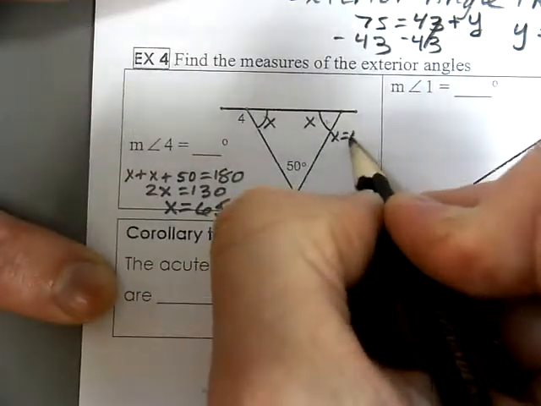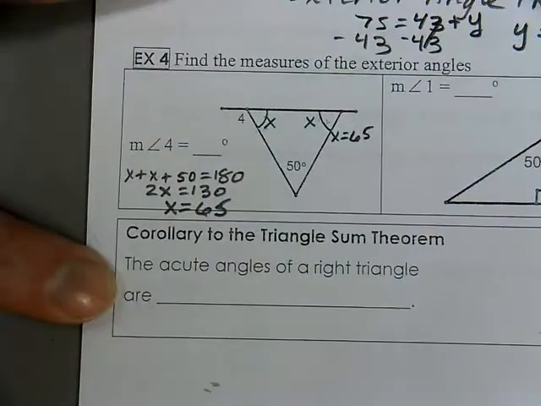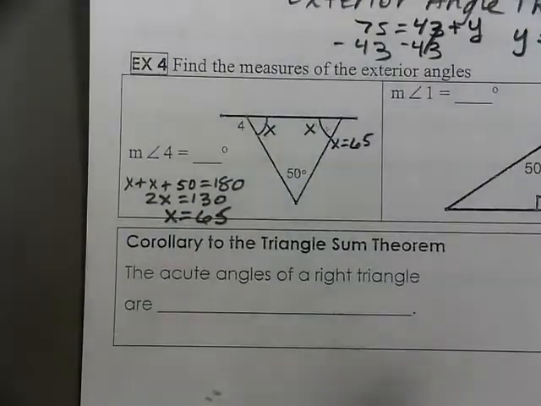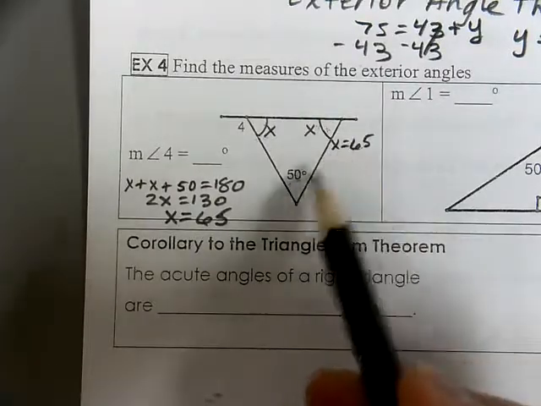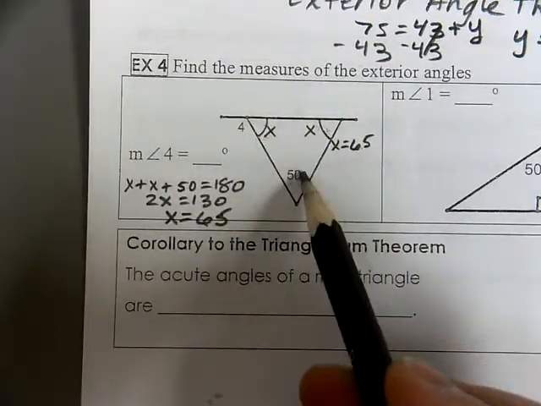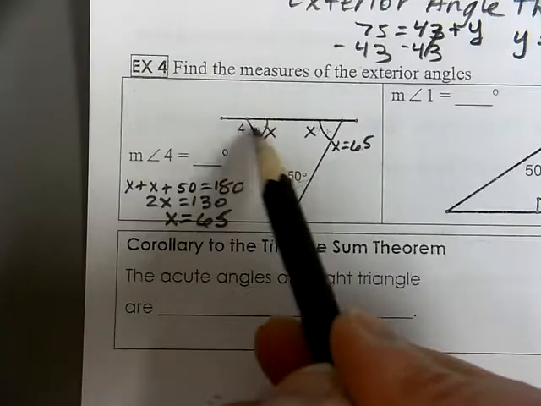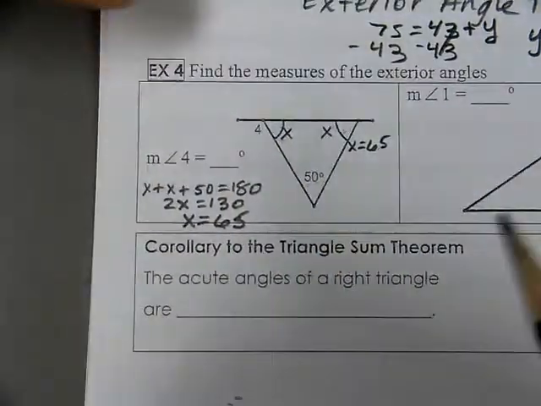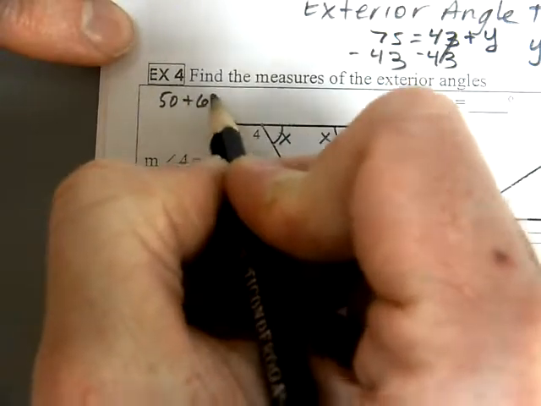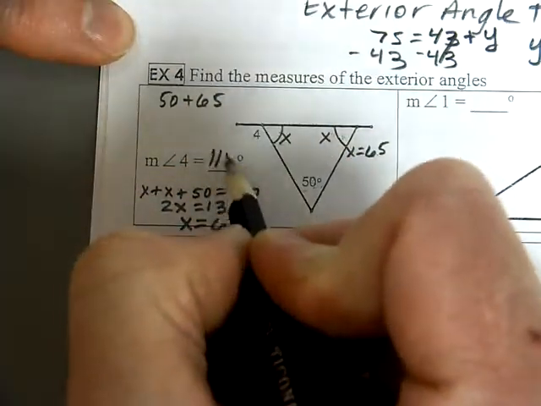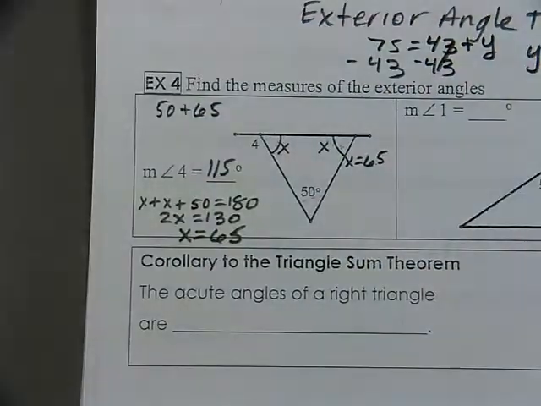So x is going to equal 65 degrees. So angle 4 is going to be the sum of those two added together. Or it's a linear pair with the one next to it, however you want to think about it. But 50 plus 65 is going to give us 115.